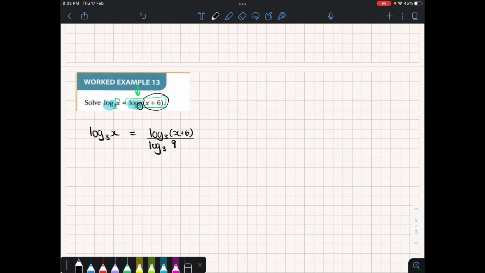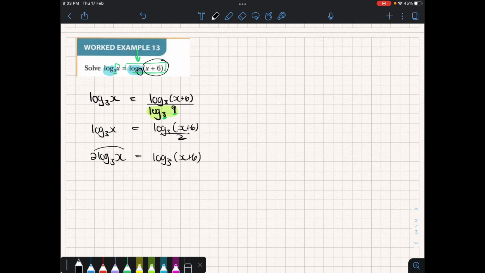Now this is nice because this is basically saying what do I raise 3 by to get 9, and the answer is 2. So we can already simplify that as log base 3 of x equal to log base 3 of (x plus 6) all over 2. Now I can multiply both sides by 2, and I'll get 2 log base 3 of x equal to log base 3 of (x plus 6).